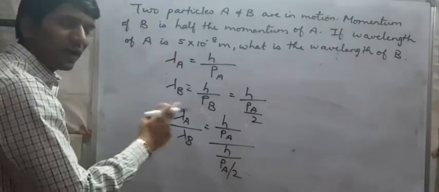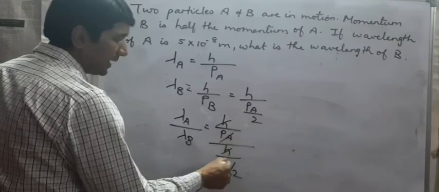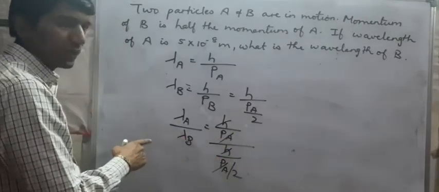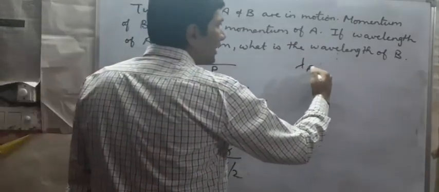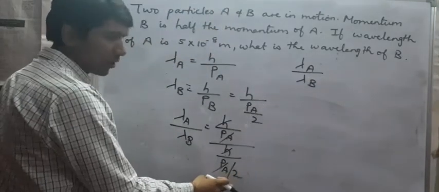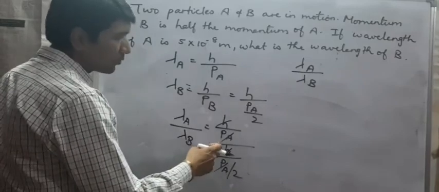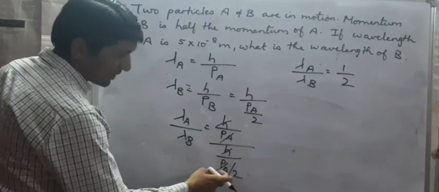Now the common factors you need to cancel off. So we'll cancel off h and h, we'll cancel off PA and PA. Now the final equation which we receive is lambda A upon lambda B. Now this 2 was in the denominator, this goes up. So once it goes up, this will be written as 1 by 2, because this will go up here.